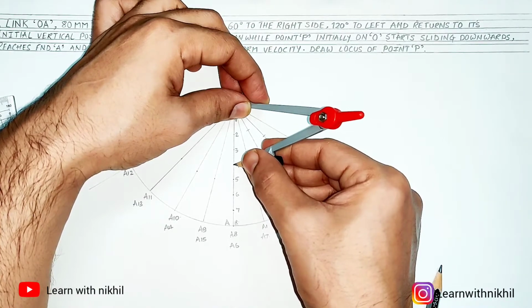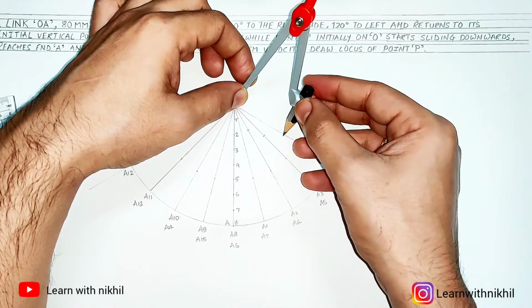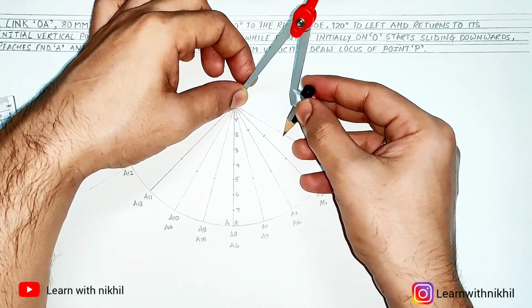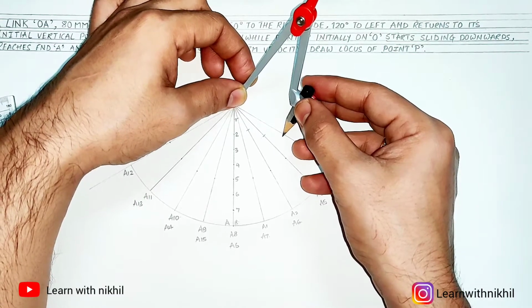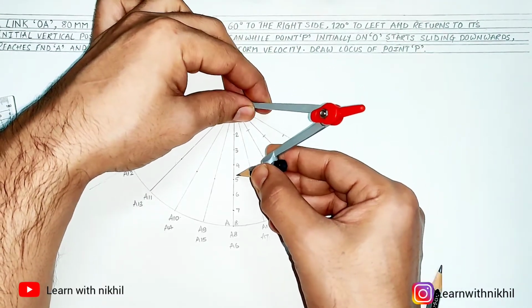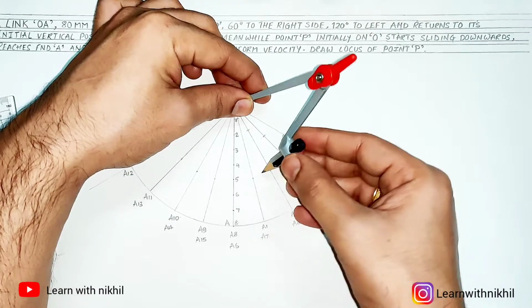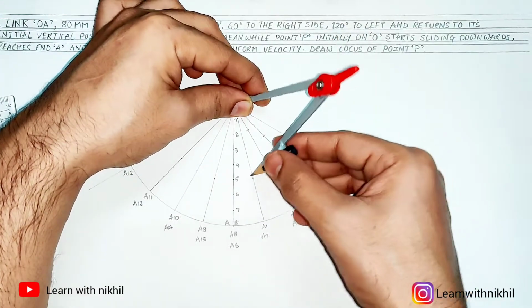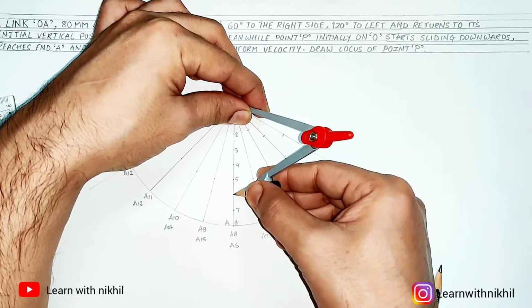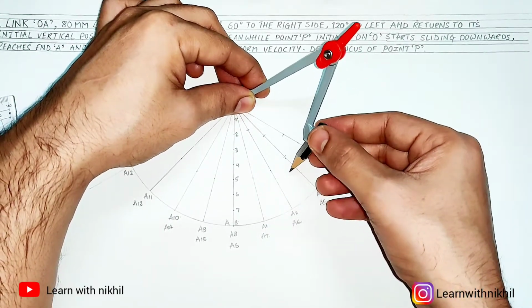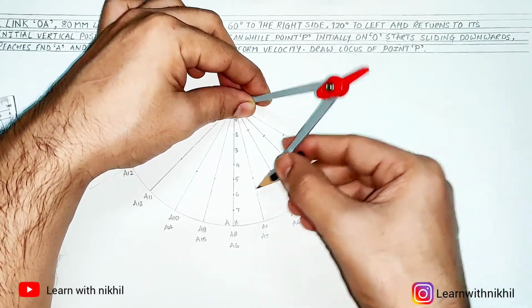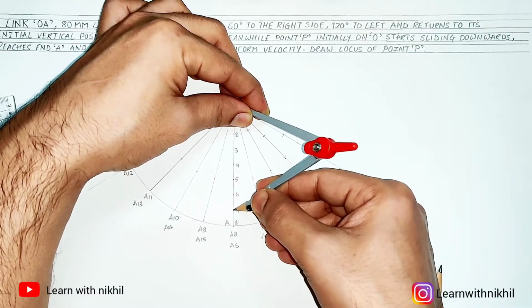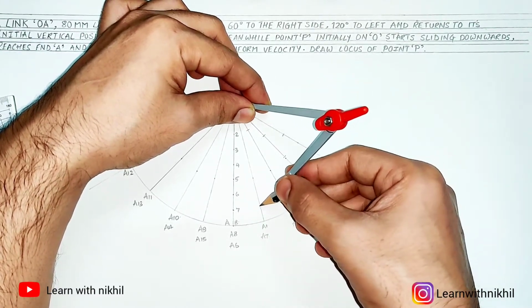O to 4, cut it on the A4 line. Then O to 5, cut it on the A5 line. Now this is returning back. O to 6, cut it on the A6 line. O to 7, cut it on the A7 line.